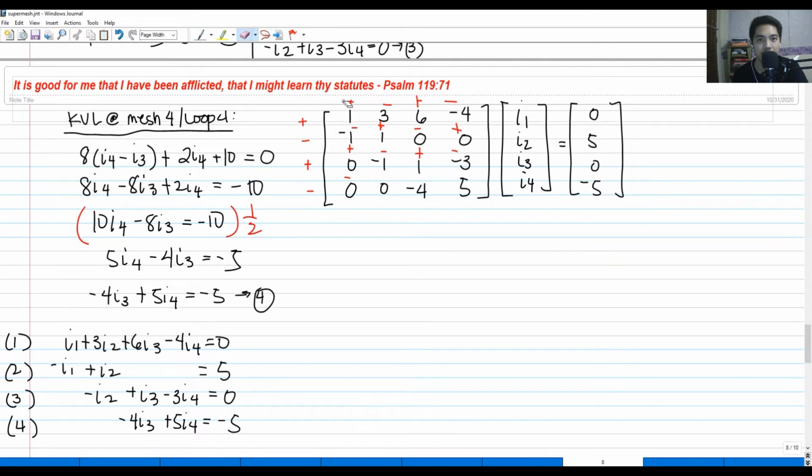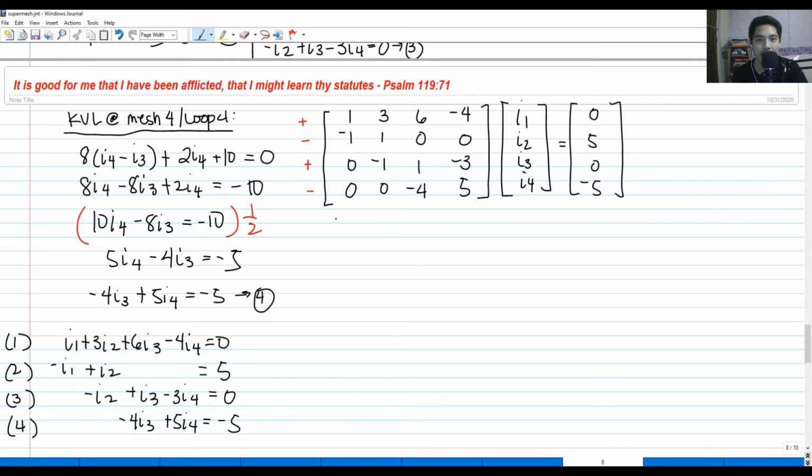I just showed you the pattern of signs when we are doing cofactor methods. I erased some numbers. For the 6, we have a 0 here. 6, 6, 0, 1, negative 4.